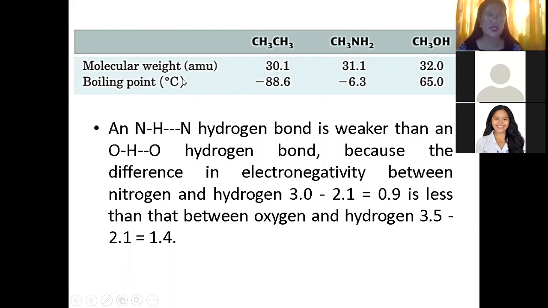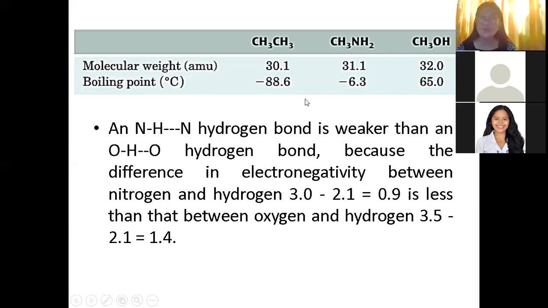Take a look. The molecular weight is almost the same: 30.1 for the ethane, 31.1 for the methanamine, and 32.0 for the methanol or methyl alcohol.